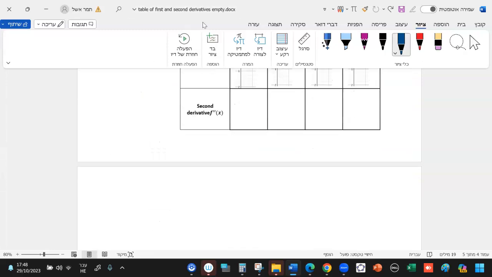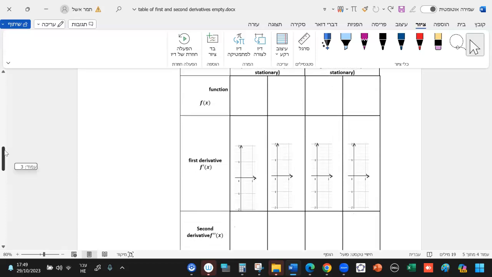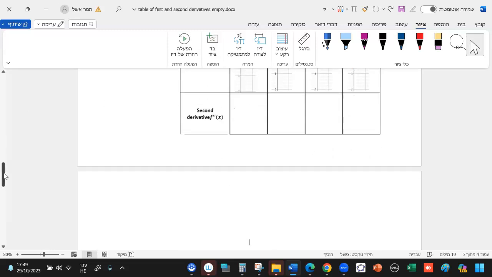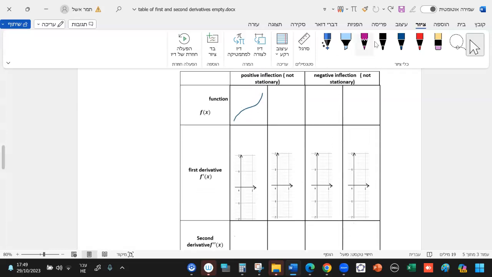Let's look at other cases where we have inflection point that is not stationary. Okay, we can have this. This is an inflection point where the gradient is not 0. Look what happens to the gradient. It's positive.